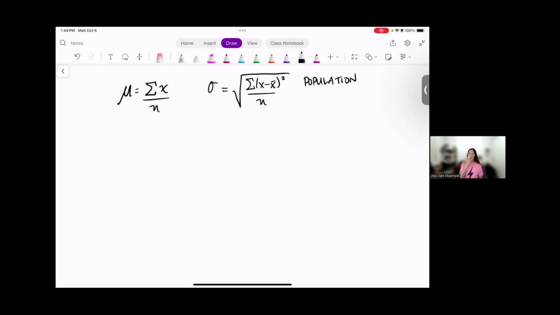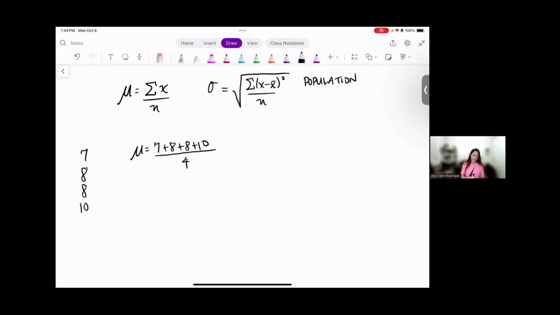What if I had a population, let's say, of 4 values? Maybe I have shoe sizes. I have size 7, size 8, size 8, and size 10. And this is my population. Well, in order to find the average of my population, I'm going to add 7 plus 8 plus 8 plus 10.